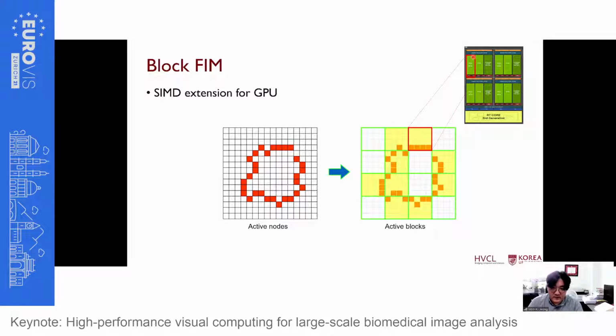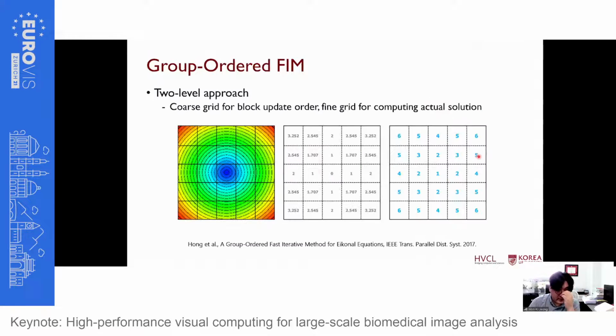A single warp can have up to 32 threads running in parallel. So we can group 16 or 32 points together and assign the group as a single updating unit for the GPU. You can think of this single block as a single point on the CPU. So the block extension can run on the GPU very well.